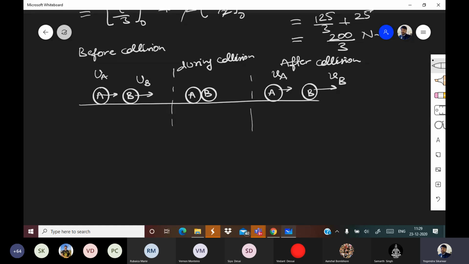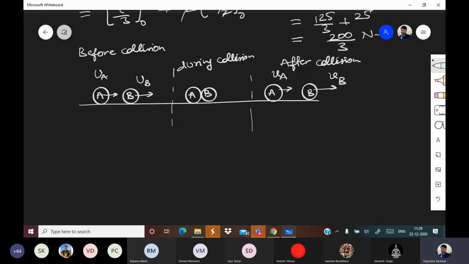Now try to understand what is happening in this whole process. Initially, UA and UB have some velocities. Obviously, UA should be more than UB, then only A will go and collide with B. Otherwise, collision will not be possible.